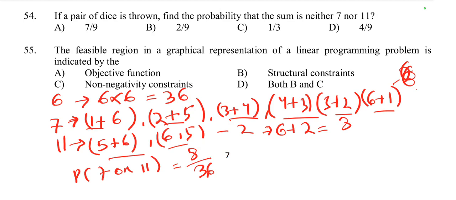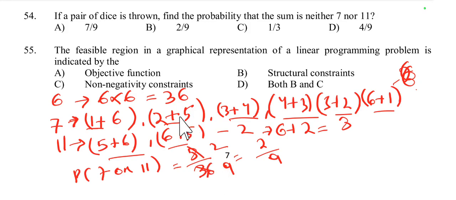Favorable outcomes is equal to 8, total outcomes is equal to 36. So 8 by 36, 4 twos are 8, 4 nines are 36, so 2 by 9. So the probability of getting 7 or 11 is equal to 2 by 9.